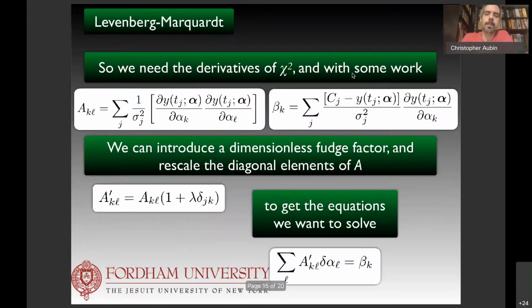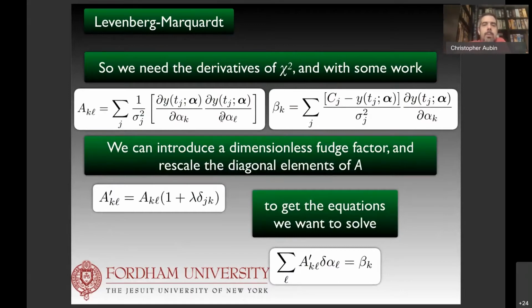Now, of course what we're going to need are the derivatives of the chi-squared, and so we can define these matrices of the derivatives. This matrix A, so this j is going to run over the number of data points we have in our fits.